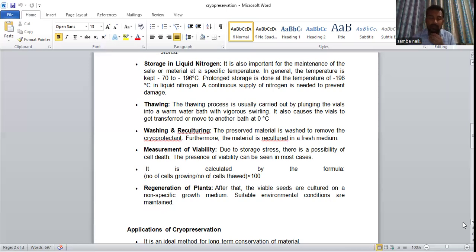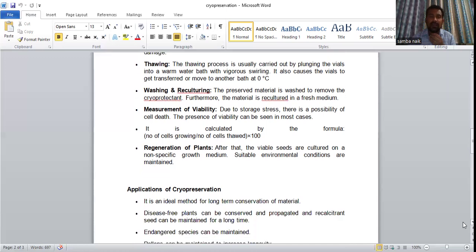After thawing, we have to wash the material. Clearly, we wash the material and remove the cryoprotectants which are attached to it. Furthermore, the material is recultured in a fresh medium.